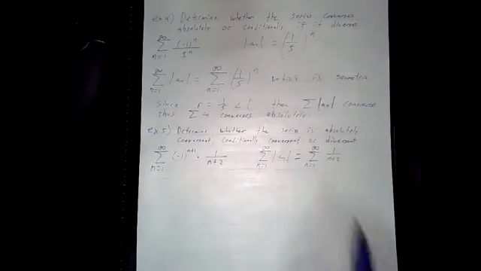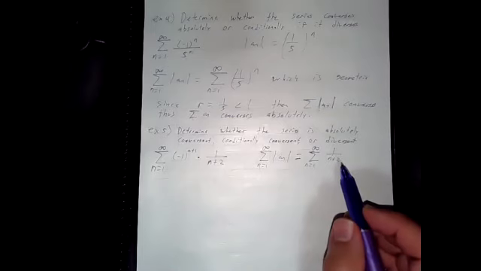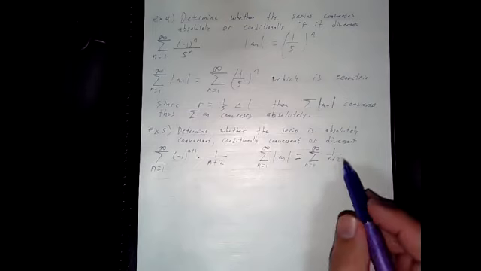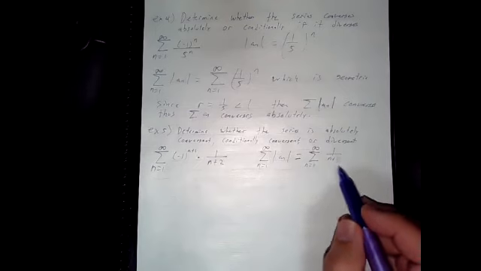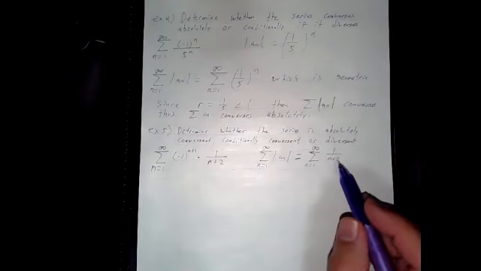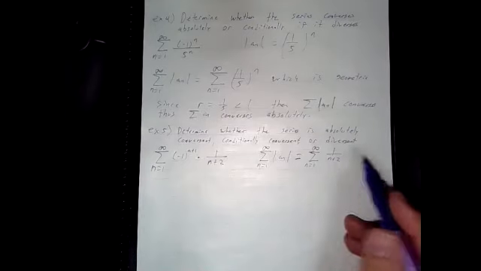So we'll examine this and see if it converges. But you can kind of already tell that we can compare this to a p-series, and no, it won't converge, but let's show our work.